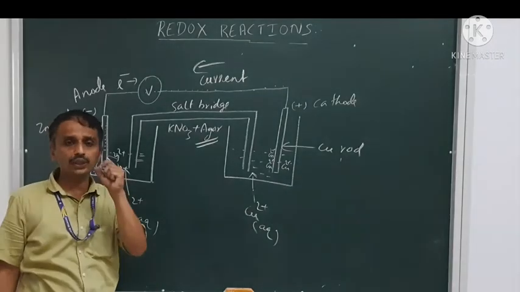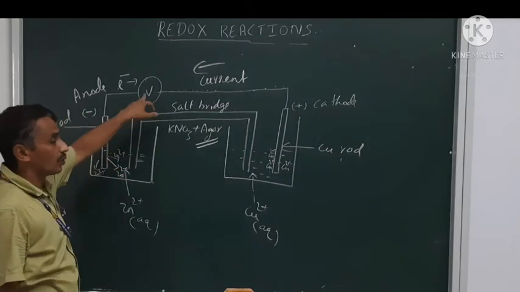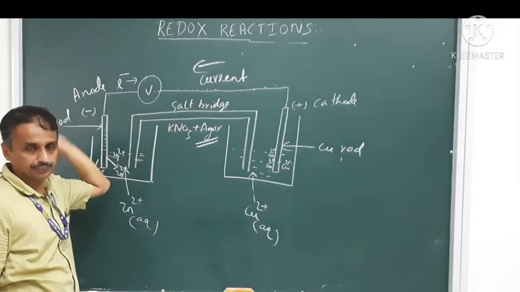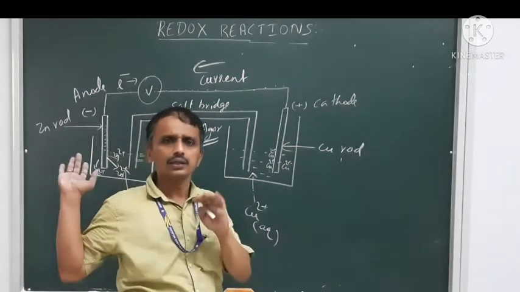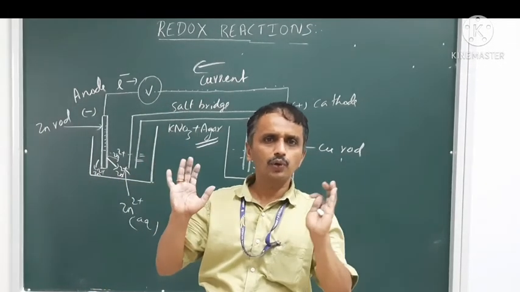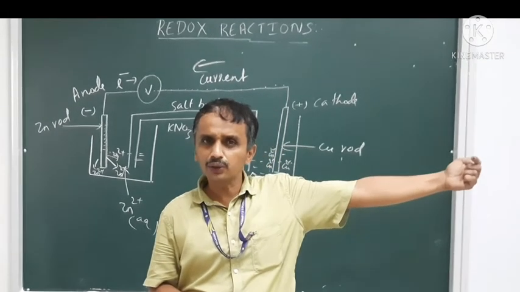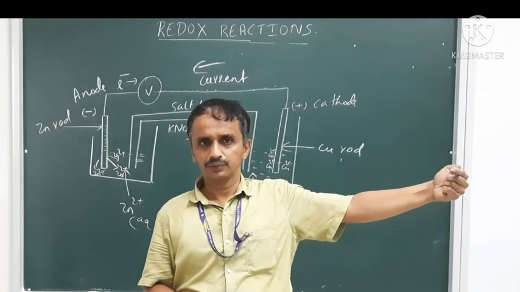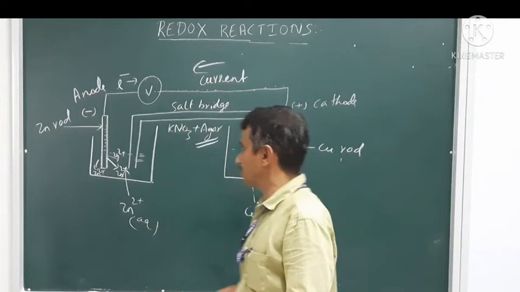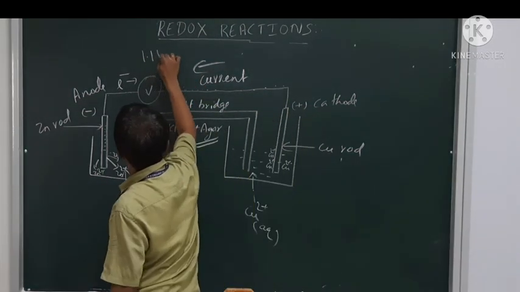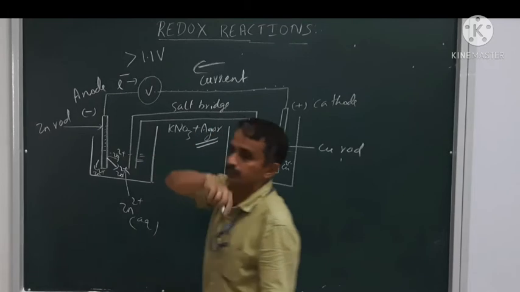Now, a question can be like this. What is the EMF produced? I said 1.1 volt. Say the Daniell cell is producing 1.1 volt, but from an external source I pass a voltage which is greater than 1.1 volt. What can happen?